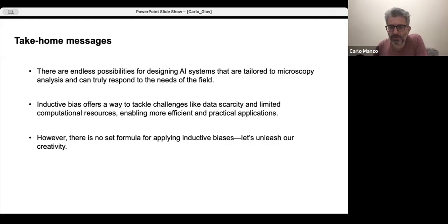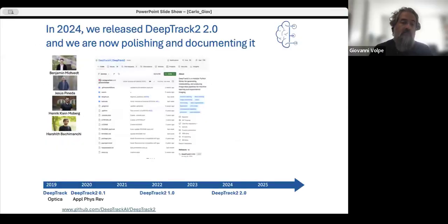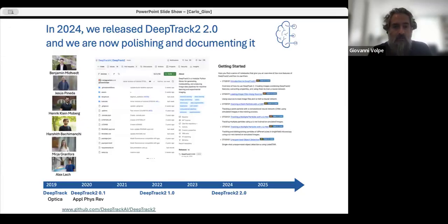And then I guess we have a few slides that Giovanni can present now. Yes, very briefly, just to wrap up, all these tools that we have been developing over the past 6-7 years have been developed within some Python frameworks. One of them is DeepTrack, a Python package for helping microscopy use machine learning.